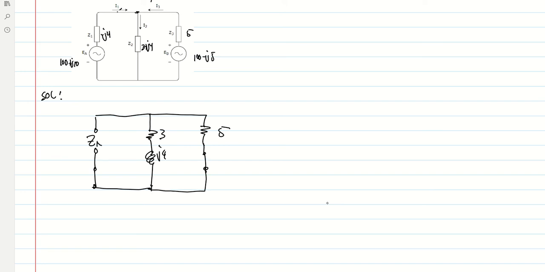And this will be our Zn. It's the same as the ZTH. It's the same method. So if we solve now for Zn, Zn is just equal to the parallel combination of the two. So 5 times 3 plus J4 all over 5 plus 3 plus J4, or that is 8 plus J4.